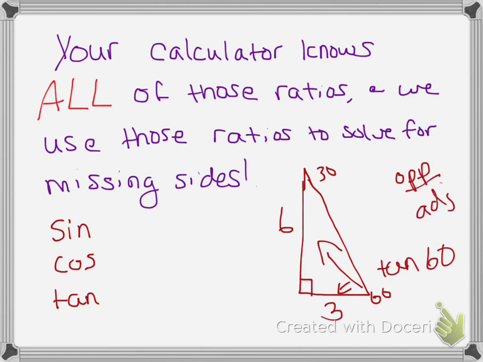The opposite over the adjacent. So if I put tangent 60 into the calculator, what should I get? I should get 2. So if you have your calculator handy, put in tangent, T-A-N button, 60, hit enter, and you get 1.73, which is rounded up to be 2.